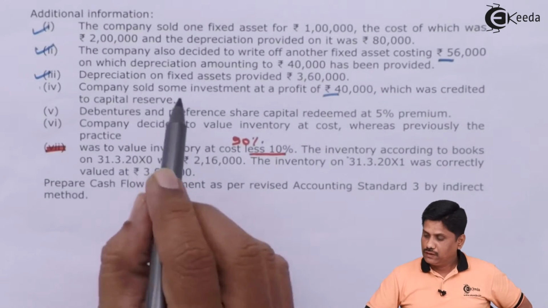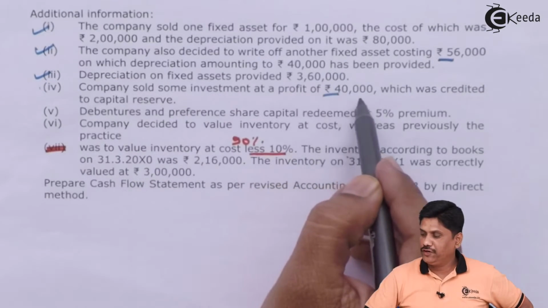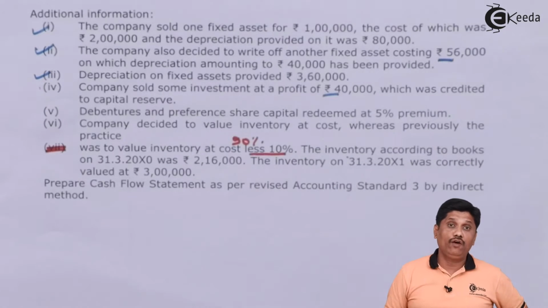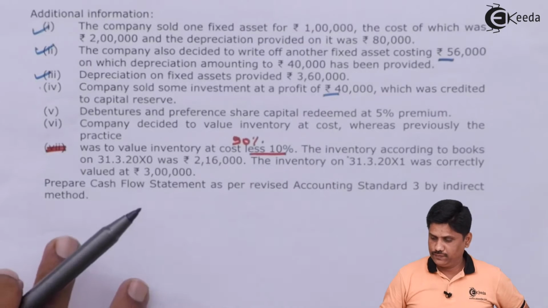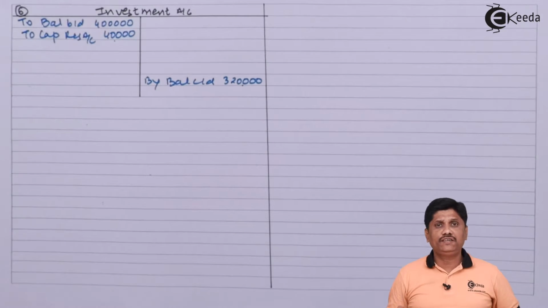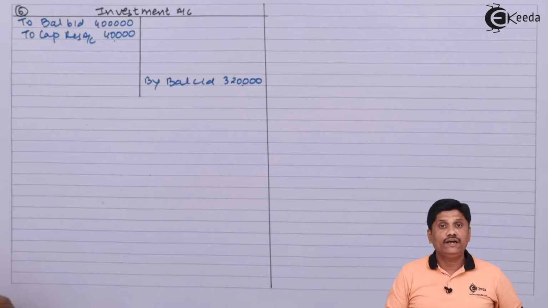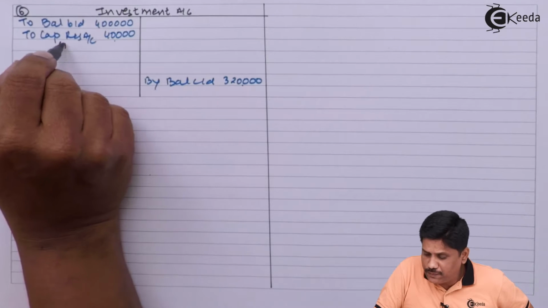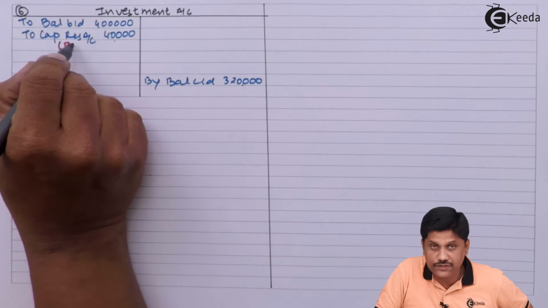Fourth information, company sold some investment at a profit of 40,000 which is credited to the capital reserve. So our entry will be investment account debit to capital reserve account. I need not prepare a capital reserve account because in balance sheet it is apparent that it has increased by 40,000. So it would waste your time to make that account, so we will not prepare that account. I am just mentioning here, it is taken care of in your balance sheet.